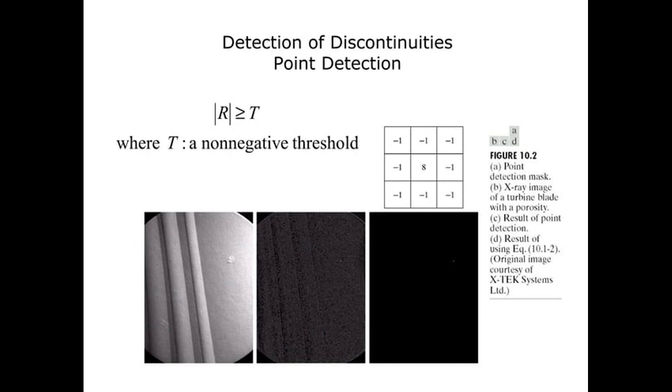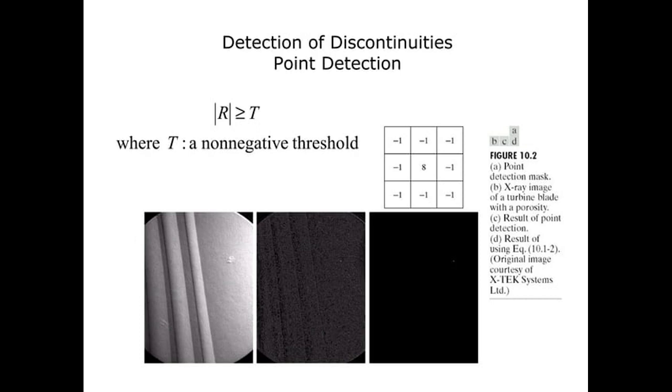The mask may be like this. By comparing with the threshold we can find any abrupt or peak values, that is, discontinuities.